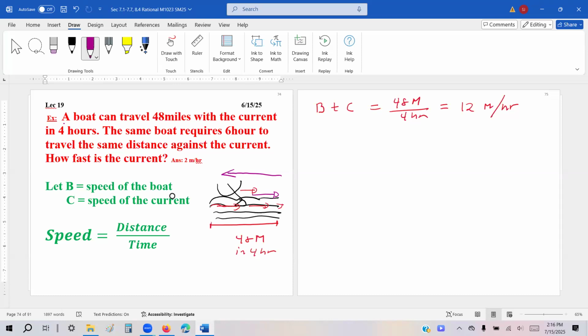Slower, because you're going against the escalator. Same thing, the water is moving down, but you're moving up. So obviously you have a slower speed. So since the water speed is going one direction and your speed is going another direction, you have to subtract the speed of the current from your speed.